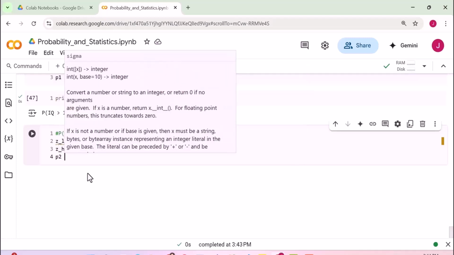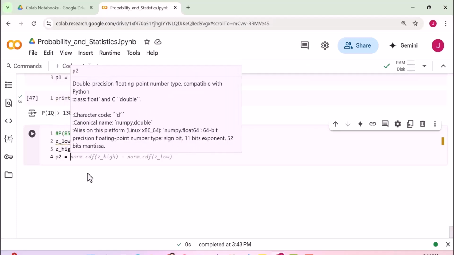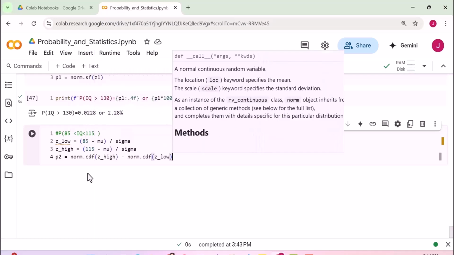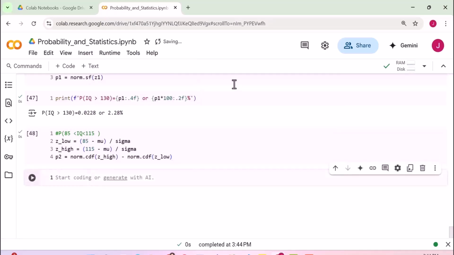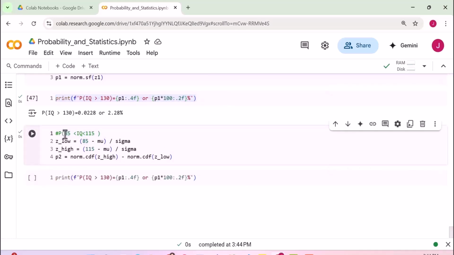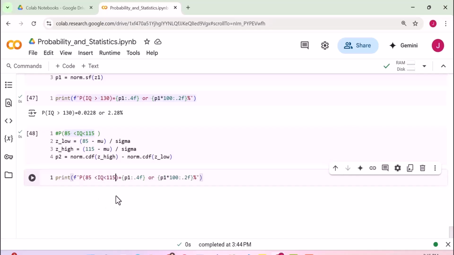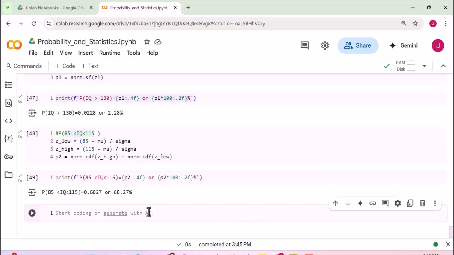And then P2, this probability, is equal to norm.cdf of z high minus norm.cdf of z low. We can print it in the same way here. The probability of IQ between 85 and 115 is P2, or P2 in percentage, which is 68.27%.